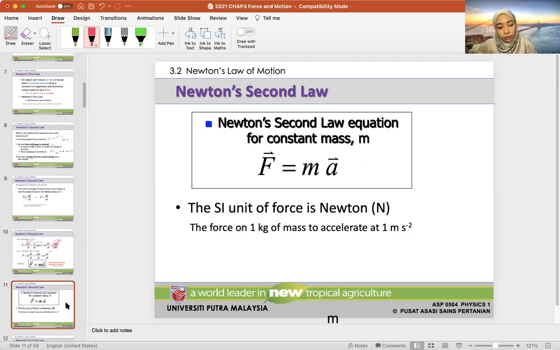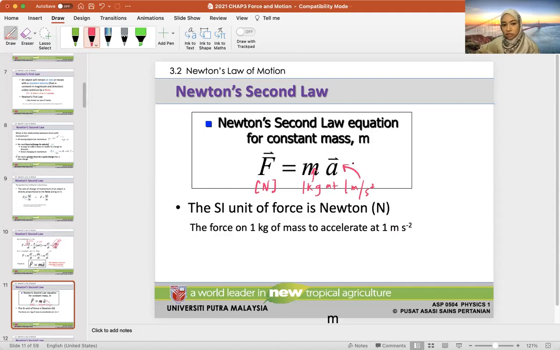Okay, so now that is how we get our F equals ma, which is Newton's second law equation for constant mass. The SI unit of force is the Newton, which is the force to accelerate 1 kilogram of mass at 1 meter per second squared. 1 kilogram refers to the mass, and 1 meter per second squared refers to the acceleration.